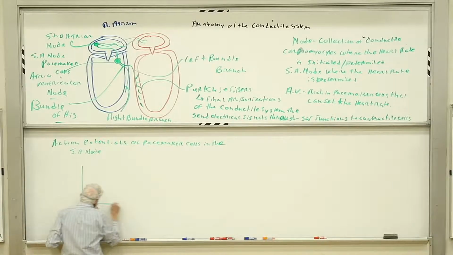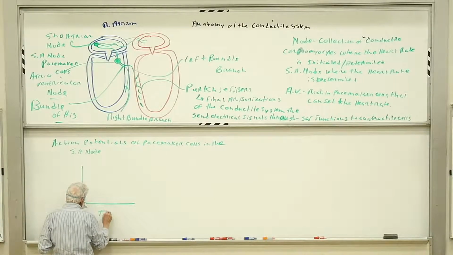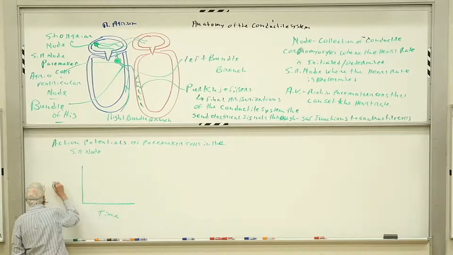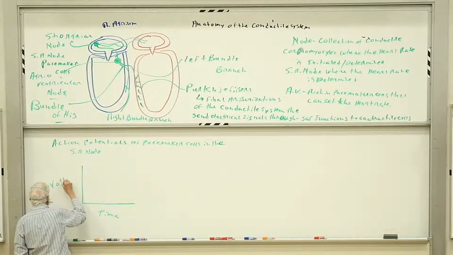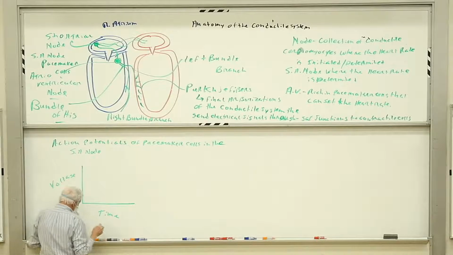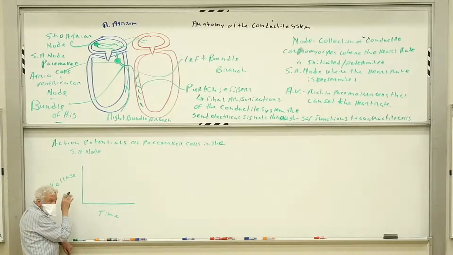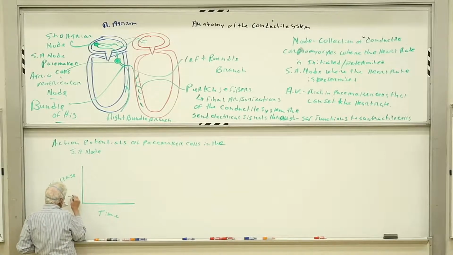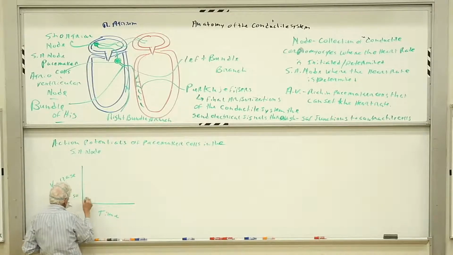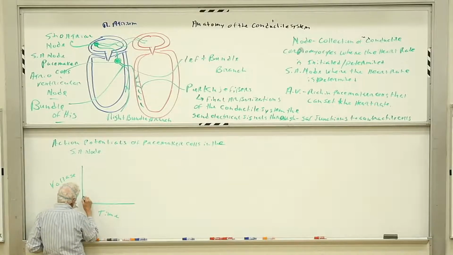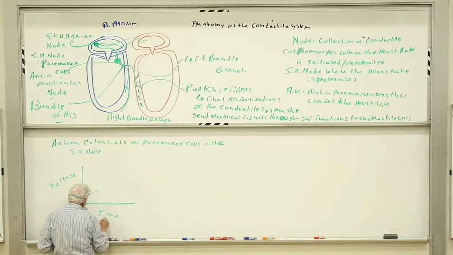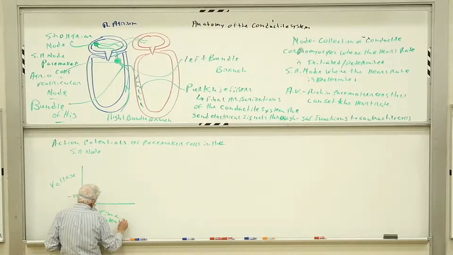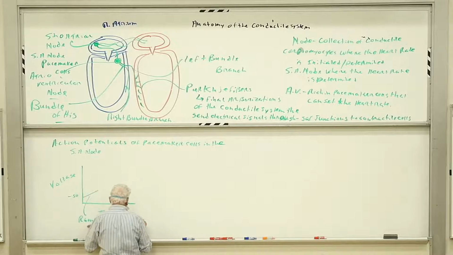So here's the graph. This is time. This is voltage. We've seen a lot of these before. This is going to be an action potential, but there's some functionalness to this. We're going to start out here at minus 50 millivolts, maybe minus 60. And there's this slow depolarization that I'm going to label as a ramp potential. We'll see in a moment this ramp potential is dependent on a particular kind of channel called an HCN channel.